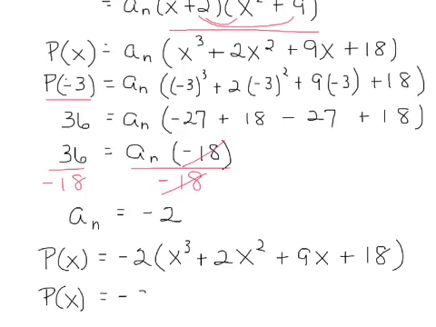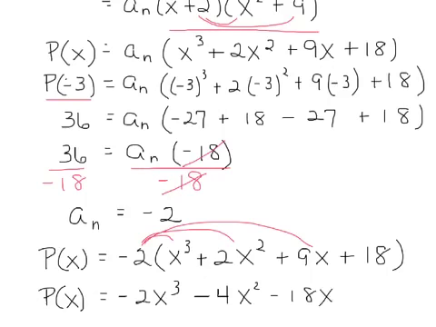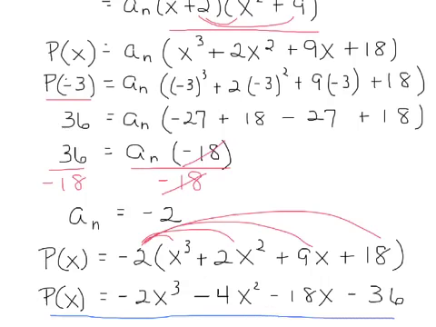So -2 x to the third, bringing that in, we'll now take the -2 times the 2 for a -4 x to the second, and then -2 times the 9x, and then finally the -2 times the 18. And that gives us our final answer.